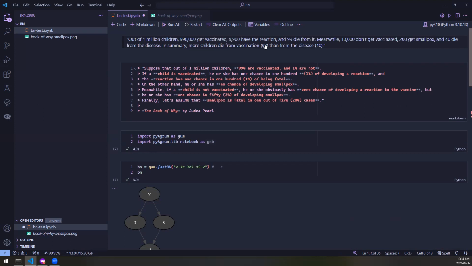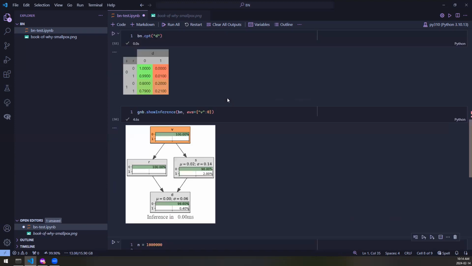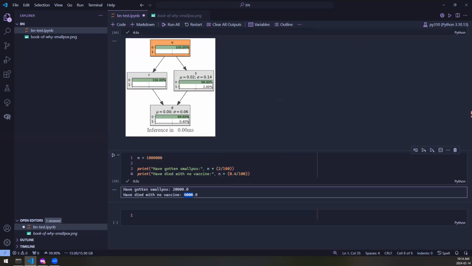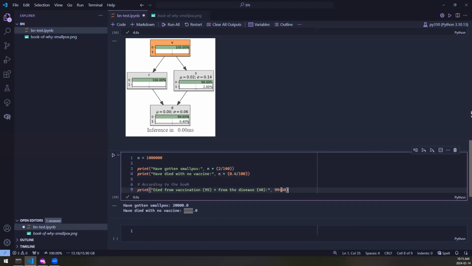So 99 died from vaccination and 40 died from the disease. So we're going to put another print statement over here just to show those numbers. Okay, so 99 plus 40, this is exactly the number we have in the book.